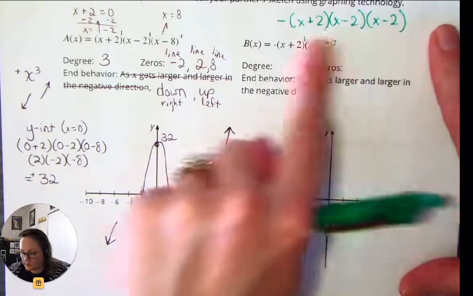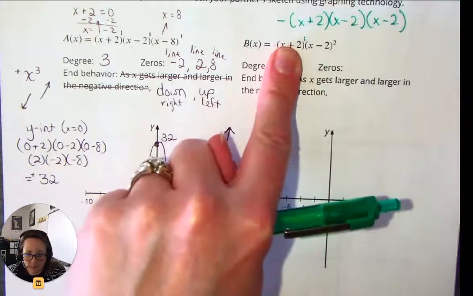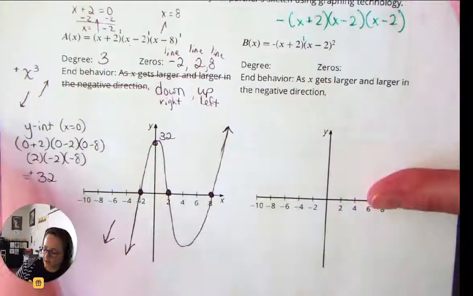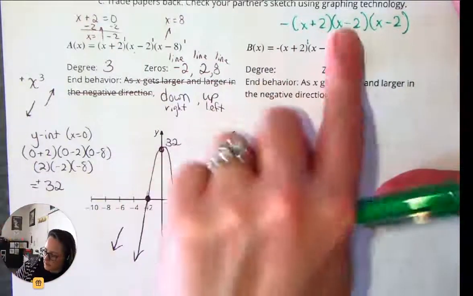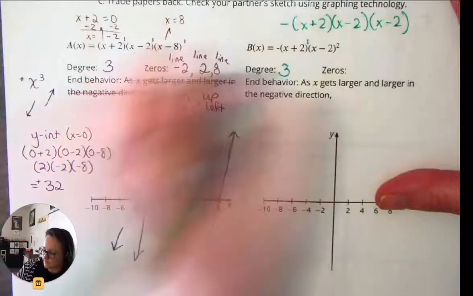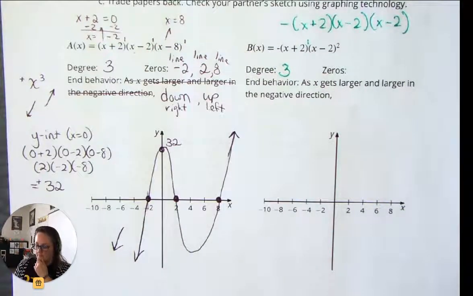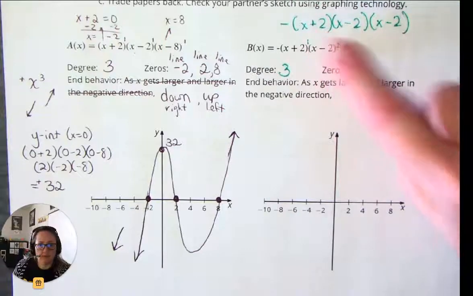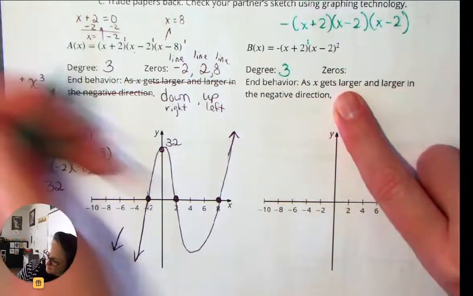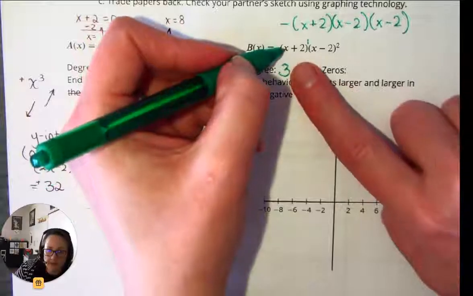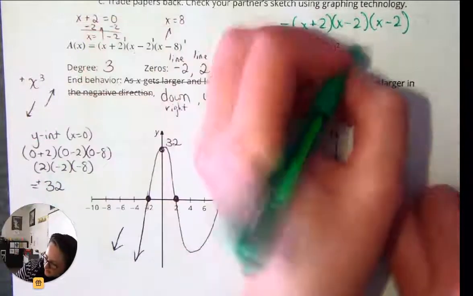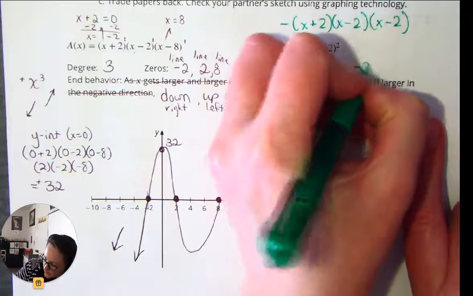So I could multiply this all the way out into standard form. We've got that skill. I'm not going to practice that here. But this is telling me I have a degree of 3. So I'm going to look at every single one of my factors and turn it into a 0. Our x plus 2 factor is going to have a 0 at -2.